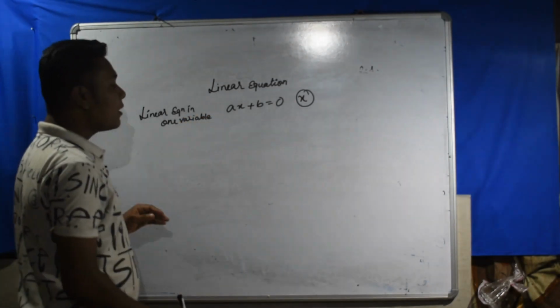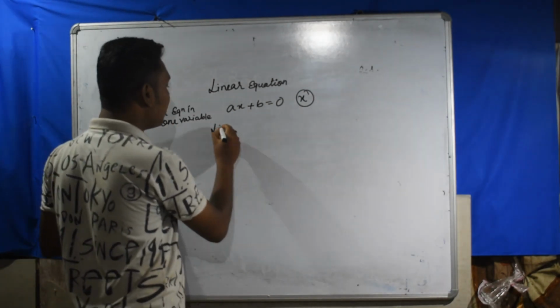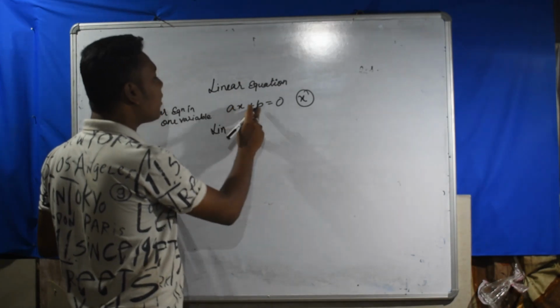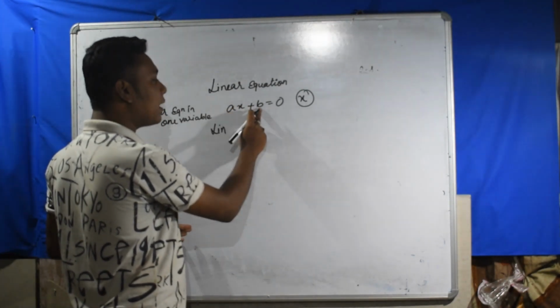Secondly, if we study a linear equation in two variables, it has one coefficient a and one constant b.